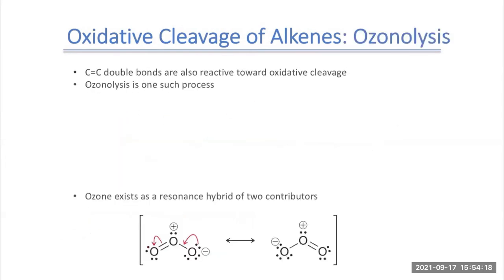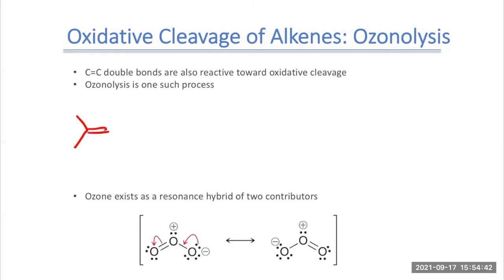To do that, we're going to do oxidative cleavage, but with ozone. So doing an ozonolysis. So this is where we can take our alkene and split it apart in a more mild fashion.